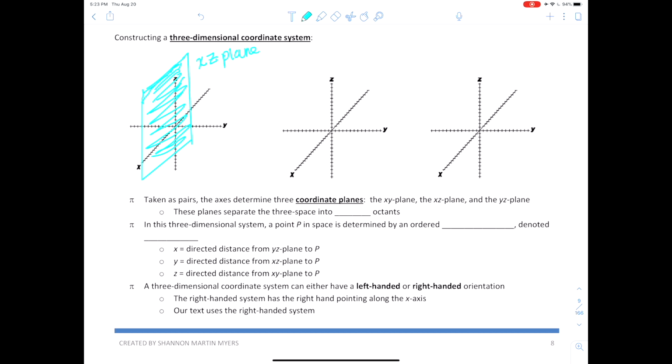And then your XY plane, in this case, would be more like this. You'd be going more parallel to your Y axis, and then parallel to your X axis there. Sorry, I'm making this one kind of huge.